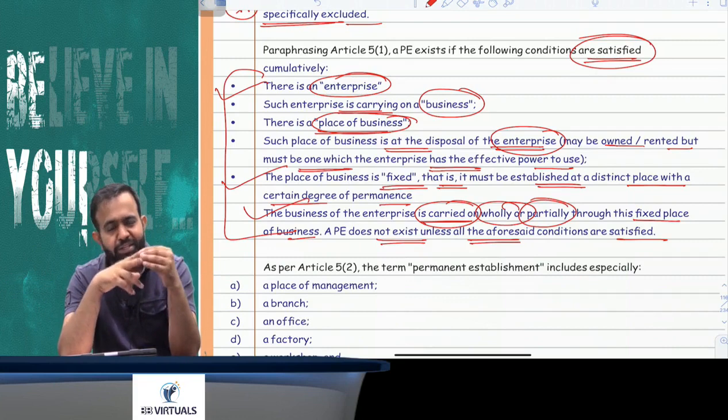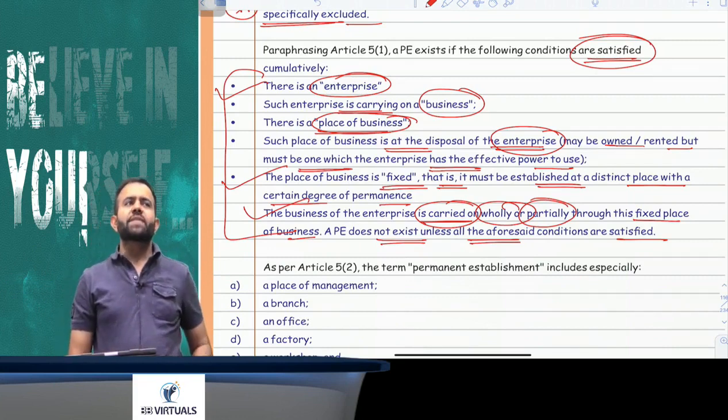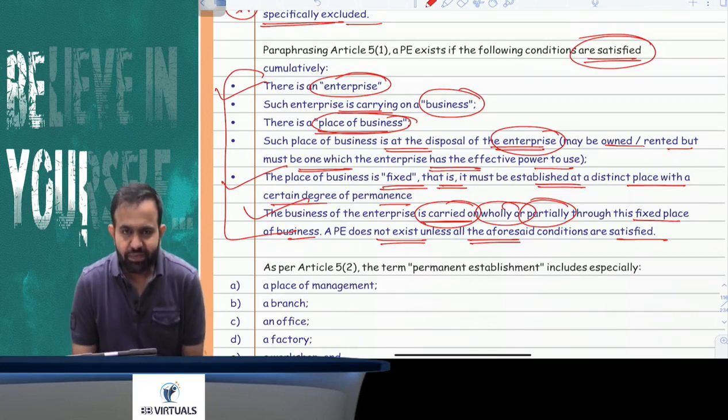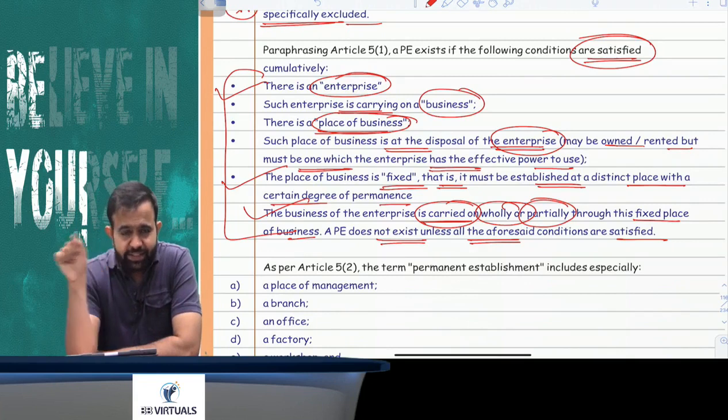We discussed that case law in the international tax part, elective part. There is one case law by the name of Formula 1. You know that once Formula 1 conducted racing in India, in Delhi. They conducted one race, that racing activity in India.